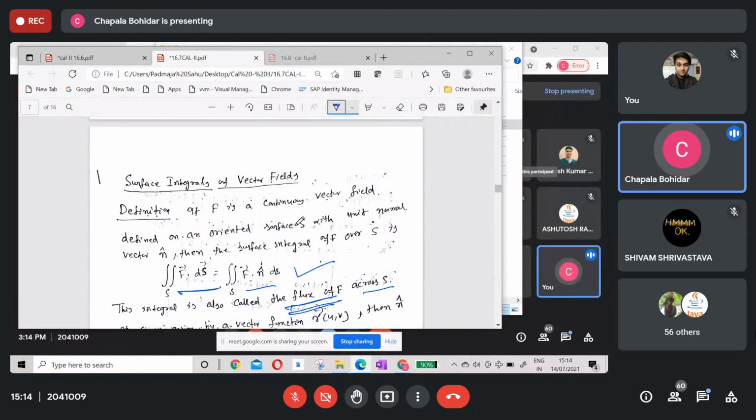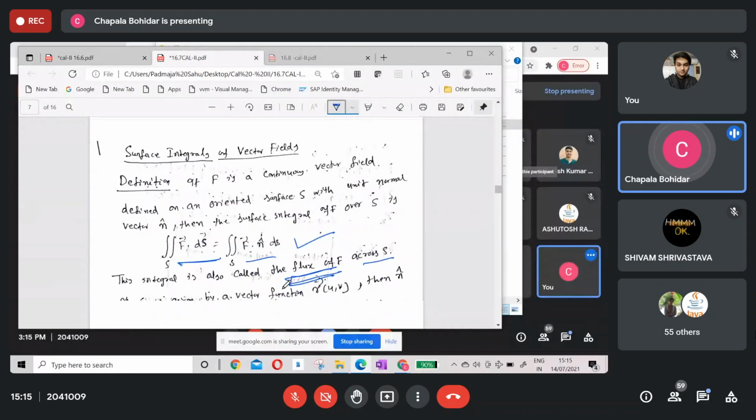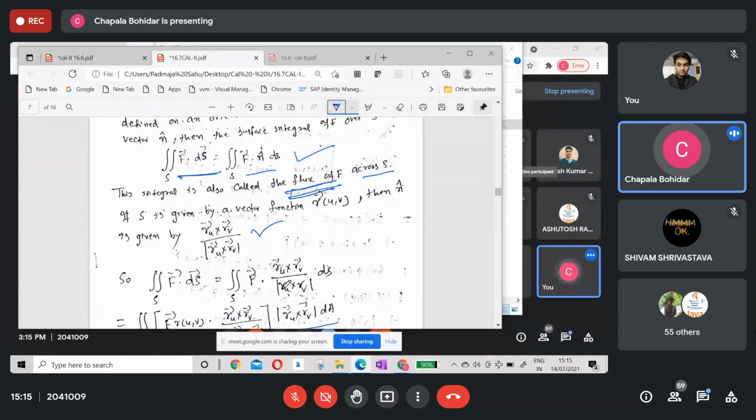Definition: if F is a continuous vector field defined on an oriented surface S with unit normal vector n, then the surface integral of F over S, that is F dot dS, is equal to the double integration over the surface of F dot n dS. This integral is also called the flux of F across S. So you may get a third question here: what is the flux of F across S.